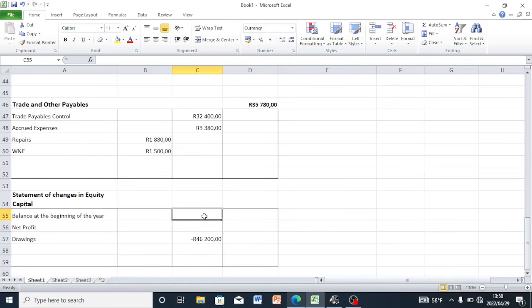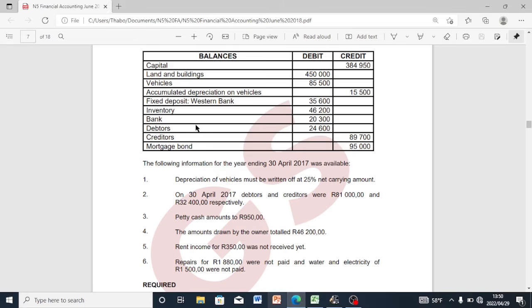And then our balance at the beginning of the year, we always take the capital amount that we are given on our trial balance. We use it as our balance at the beginning of the year, because we are going to calculate the balance at the end of the year using our balance sheet.